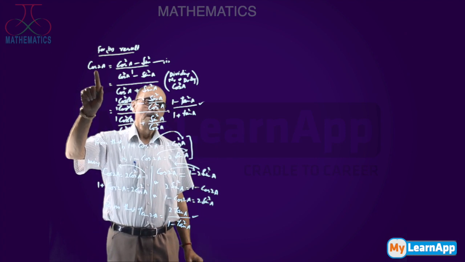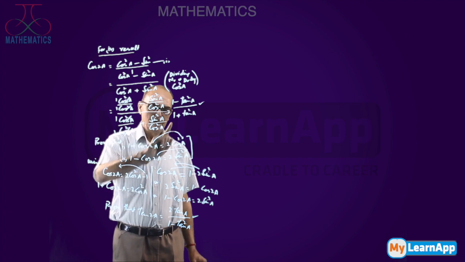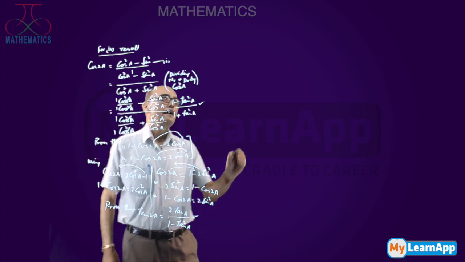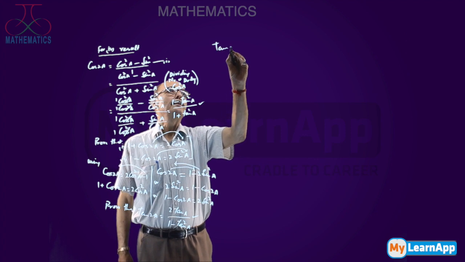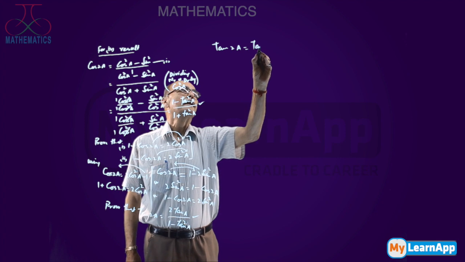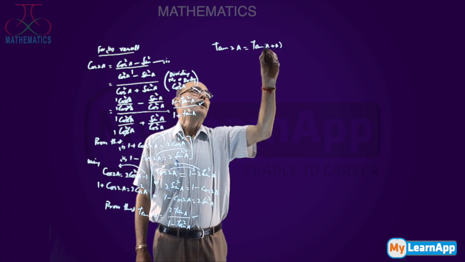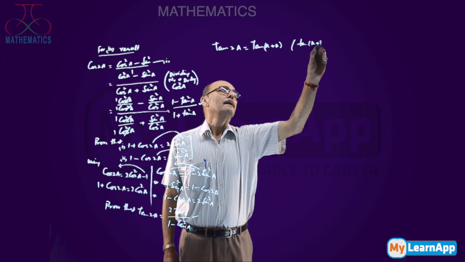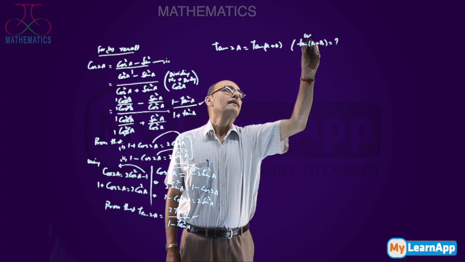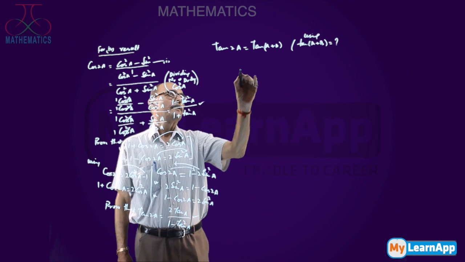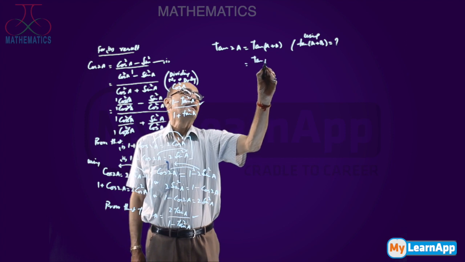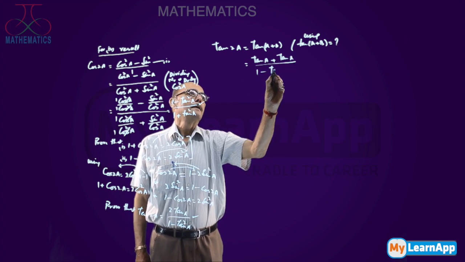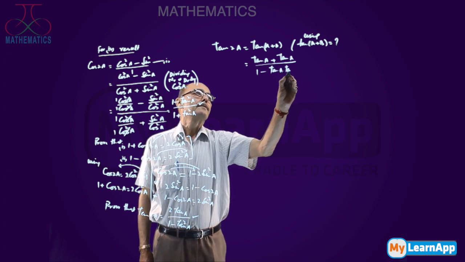If it is cos 2A, we have 1 plus tan square A in the denominator, and if it is tan 2A, it is 1 minus tan square A. So, tan 2A can be written as tan of A plus A. Making use of the formula tan of A plus B, this is tan of the first angle plus tan of the second angle upon 1 minus tan of first angle into tan of second angle.